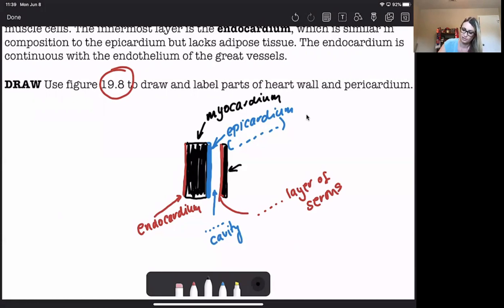And this is your fibrous pericardium. I made my labels some on top, some on bottom. You can label it whichever way you want.